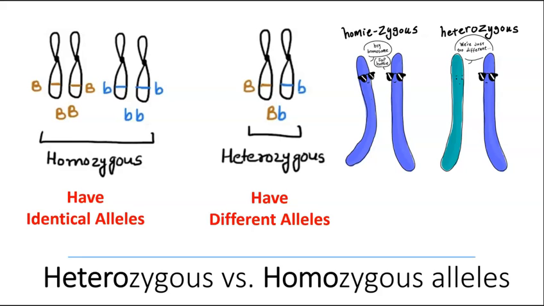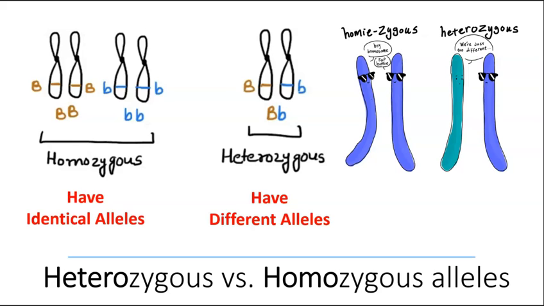And when we assign letters to the alleles, for homozygous dominant you'll see capital letters, so two capital letters. So for example, homozygous dominant would be uppercase B, B, or if it was homozygous recessive, it'd be lowercase b, lowercase b. So the dominant allele is capitalized and the recessive allele is lowercase.